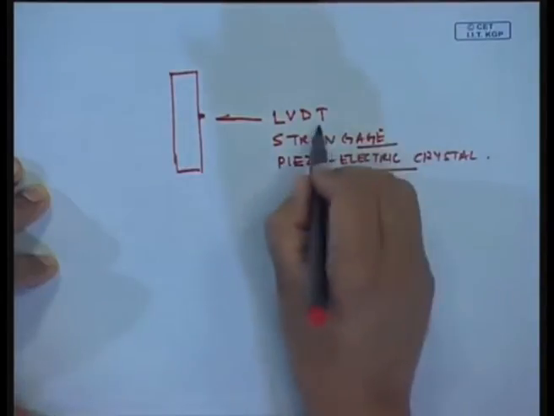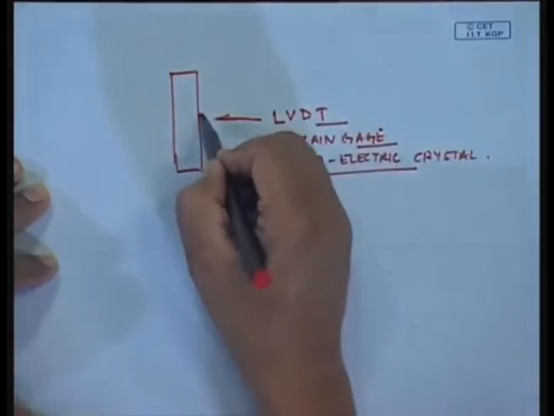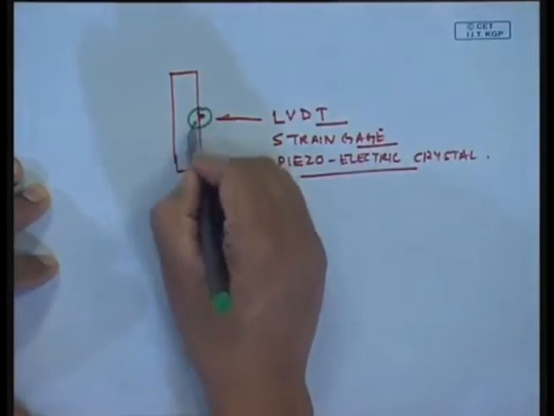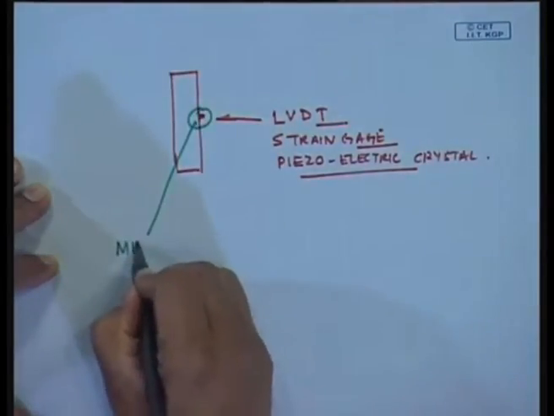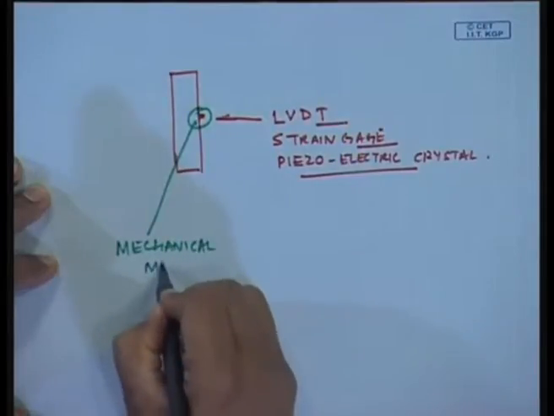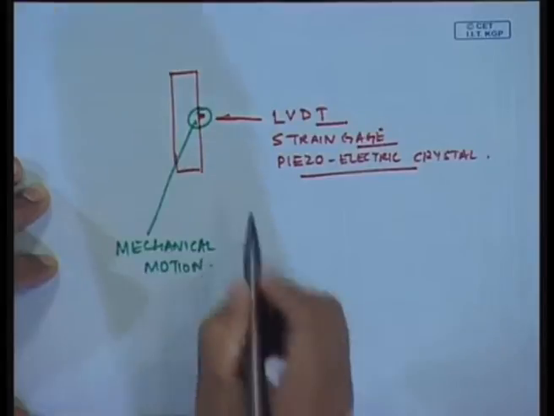So these are the different sensing elements which are used to measure the mechanical parameter, such as mechanical motion. This is just to give you an example of the body.